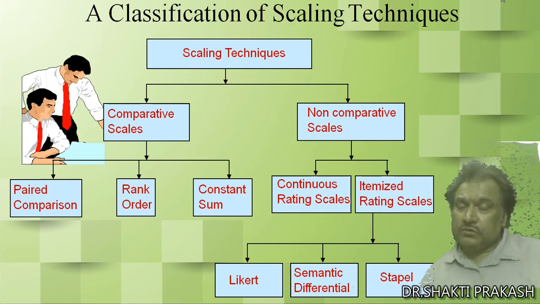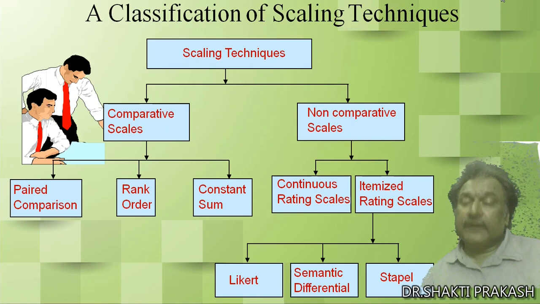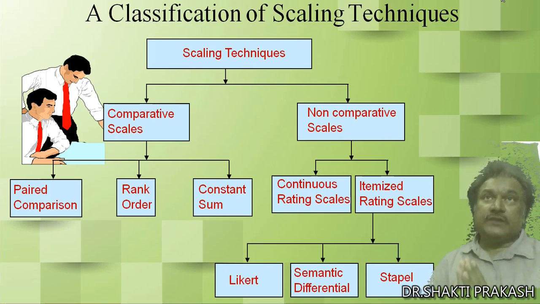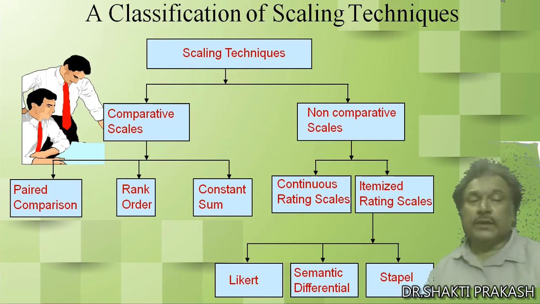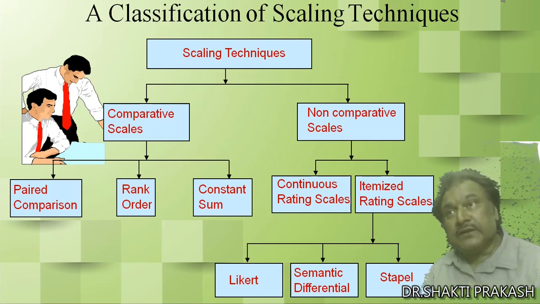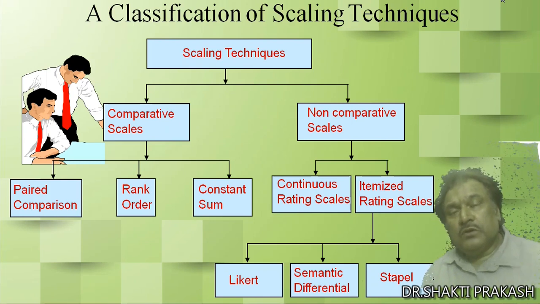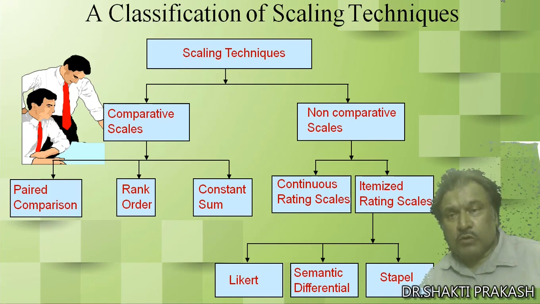Then you should know how it will be possible and what type of data collection method you can use: the comparison method, the rank order method, or the constant sum method. These are the ways you can collect the data, so it is important to know how to collect the right data, and these techniques will help you.